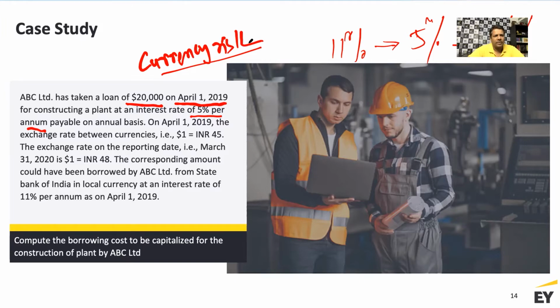We are talking about a 1 year period. When I borrowed money, the exchange rate was 45. At the end of the year, it is 48. And the rate at which I could have borrowed in Indian rupees is 11%.